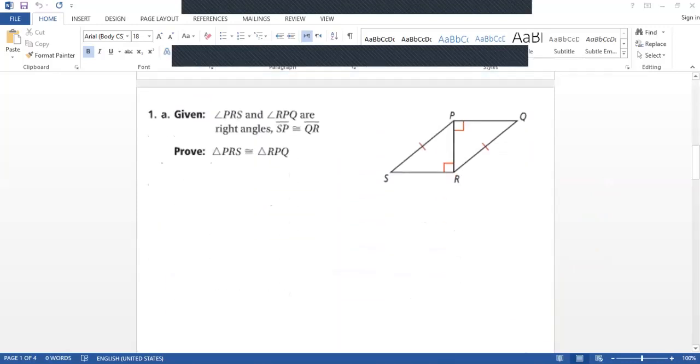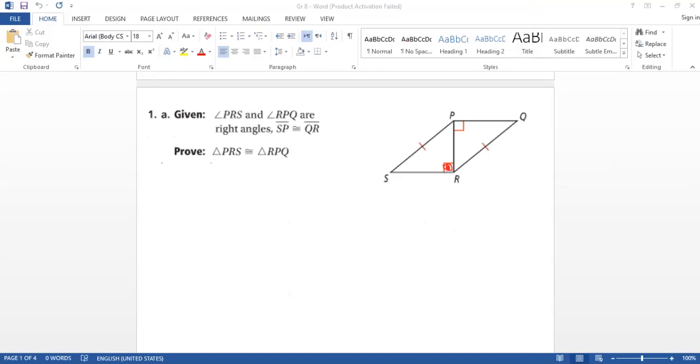Here our given is angle BRS, this one, and the angle RPQ, this one, are right angles. Their measure equals 90. SP is congruent to QR.